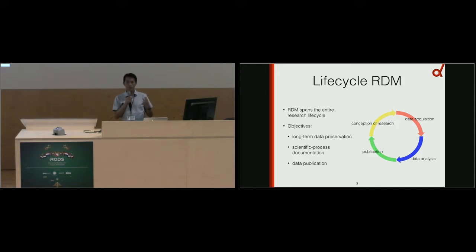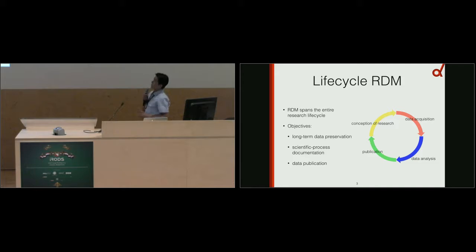The next step is data acquisition, to get the data they need to perform the research. When they have the data, the next step is data analysis. Finally, the objective of the research is to create a publication. And then we eventually go into the next cycle of the research.